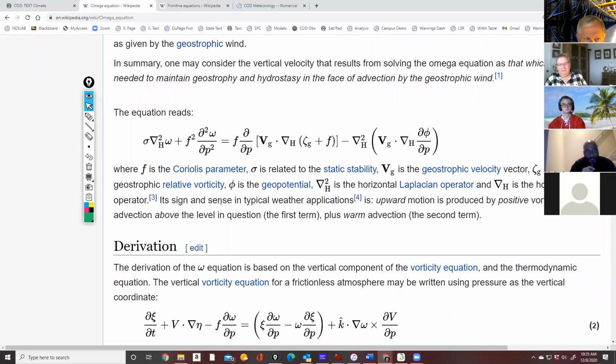Look at the equation. Let's just take a look at a couple of terms that are listed in here. And I'll show you why I can't teach you this in this course. F, Coriolis, I know that. Omega, vertical motion, I know that. Change in pressure, I know that. Sigma is static stability, I know what that is. Geostrophic wind, gradients, vorticity. I know all these things.